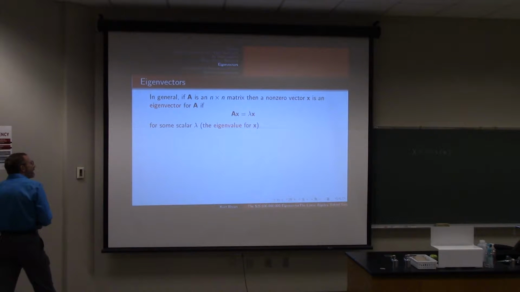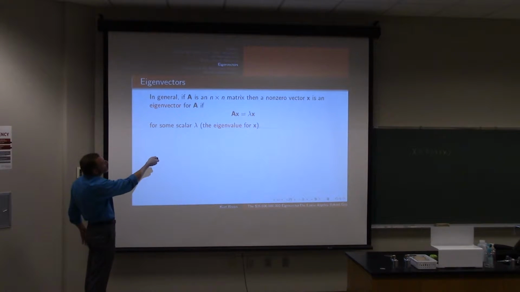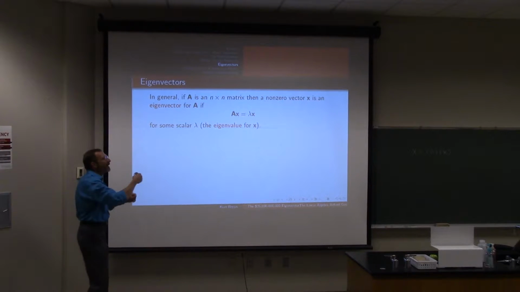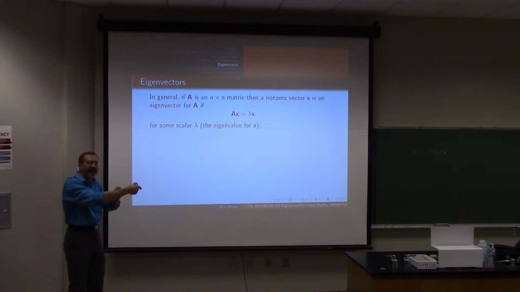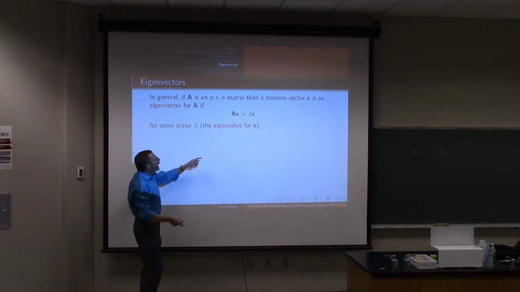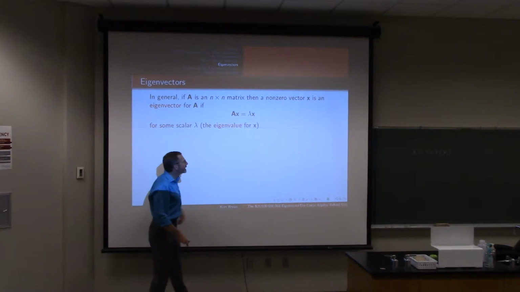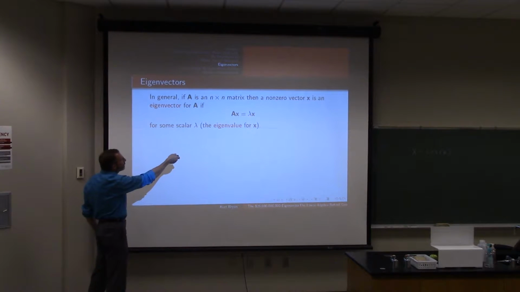Now, here's a little terminology. We've been looking for solutions to x equals Ax, or sometimes I'll write it as Ax equals x. A more general version of this problem is to find a vector x so that A times x equals a multiple of x. Conventionally, I'd use lambda here, so lambda is just some number.